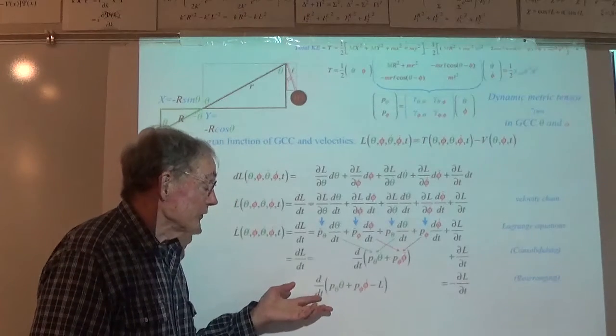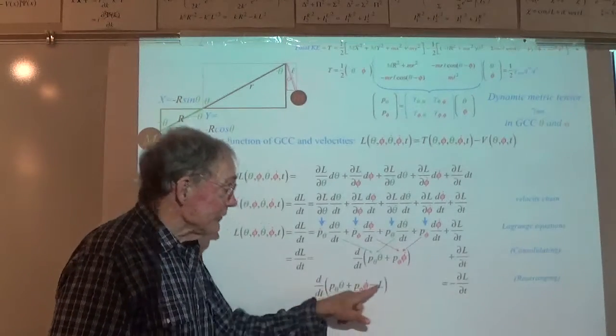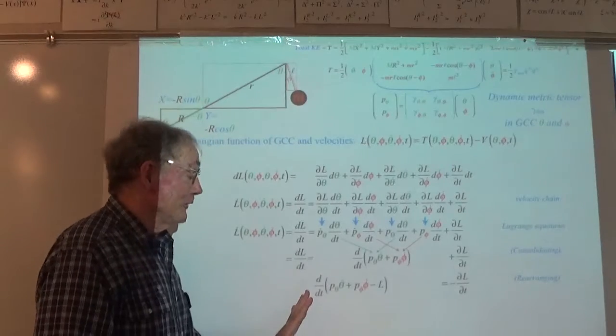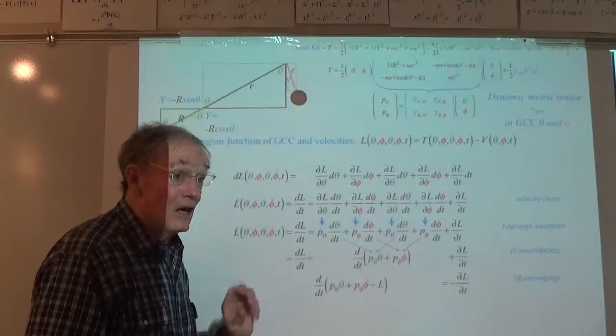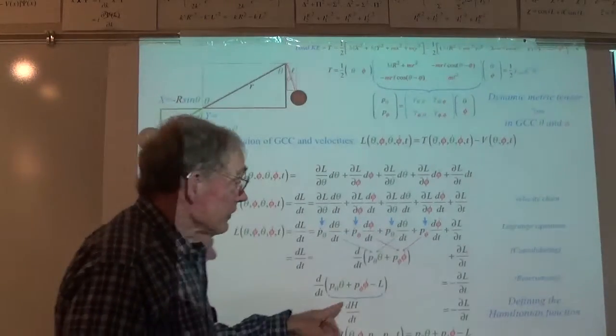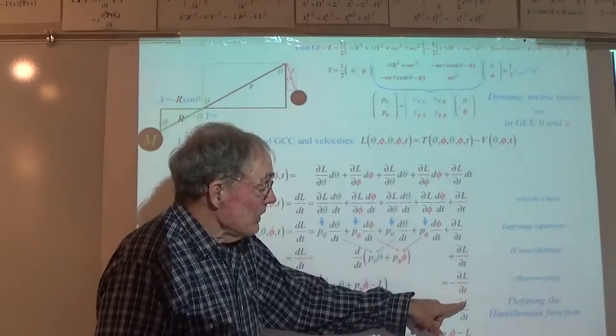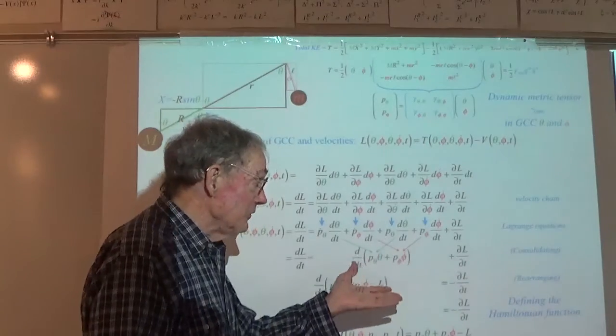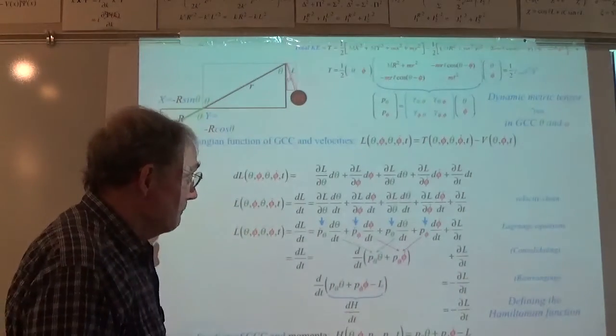So basically it's saying the time derivative of this thing, that's the H, would actually be 0 in the case that I don't have any explicit time dependence on my Lagrangian or Hamiltonian.